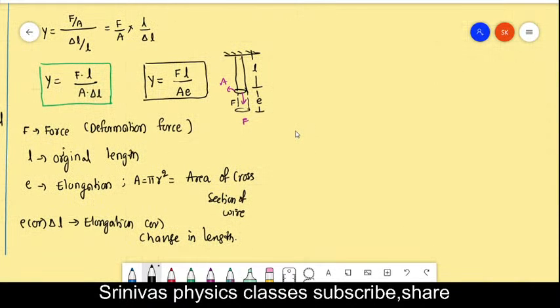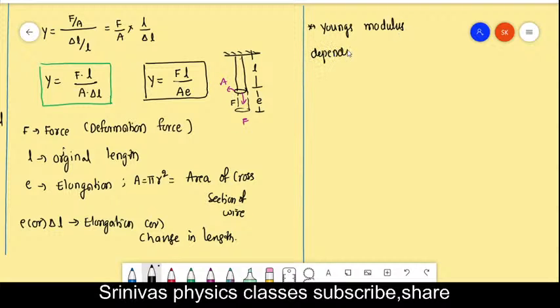Here we have the Young's modulus formula: Y is equal to FL by AE. You know the terms also. On what factors does Young's modulus depend? Young's modulus depends upon the nature of material.